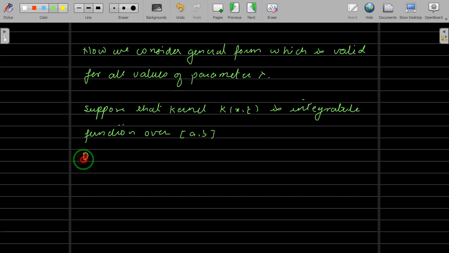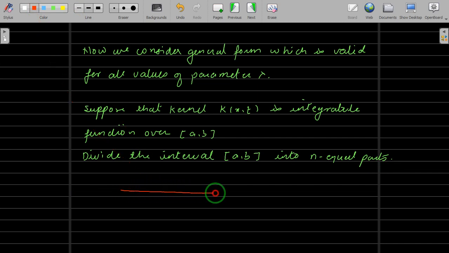Now what we do is divide this interval a comma b into n equal parts.